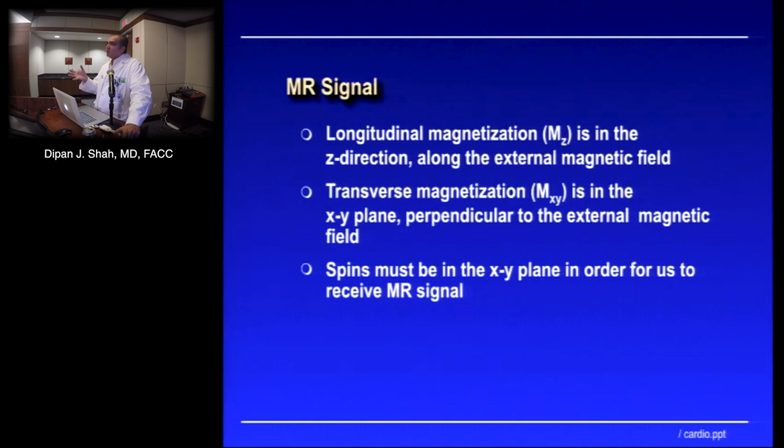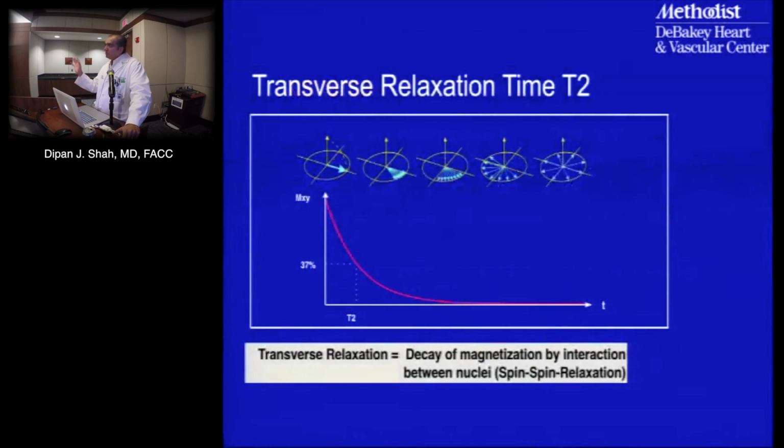Now, we can change what the z-axis is and what the x and y axis are, depending upon how you apply the gradients. So you're not limited to axial, sagittal or coronal imaging. You can pick any imaging plane that you want. But the basic principle is that you go from the resting state to the excited state, from the longitudinal plane down to the transverse plane.